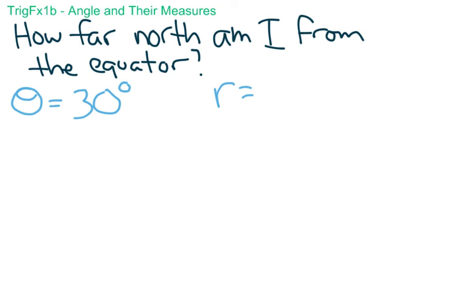And now I had to do a little bit of research, or maybe just recall that the radius of the Earth is approximately 4,000 miles. To be a little bit more precise, it's 3,959 miles, and I could think about that in kilometers as well. But that's the information that I need for this particular problem, and we're looking for the arc length.